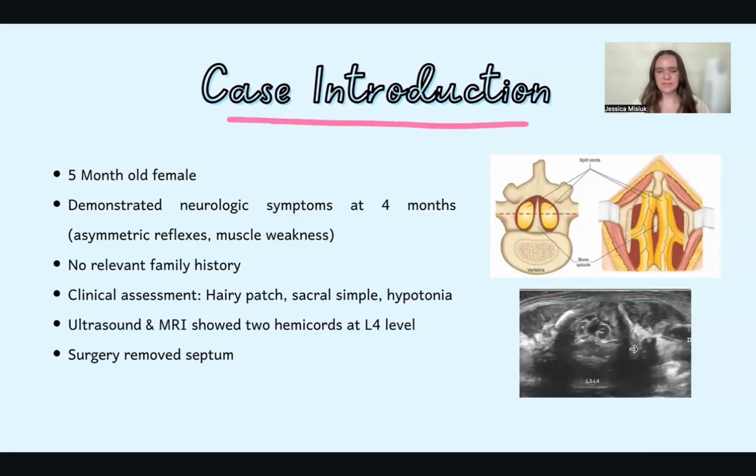So the parents of the patient wanted to hold off on bringing the child in, but it got to a point where they noticed the neurological symptoms began to worsen.